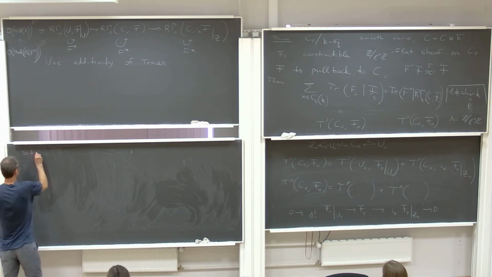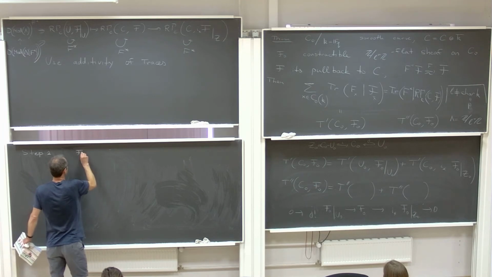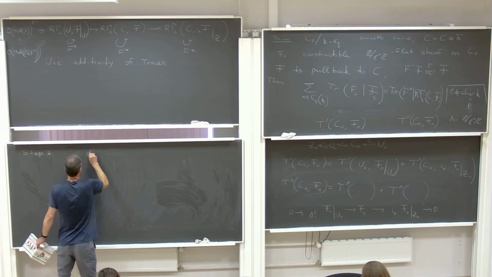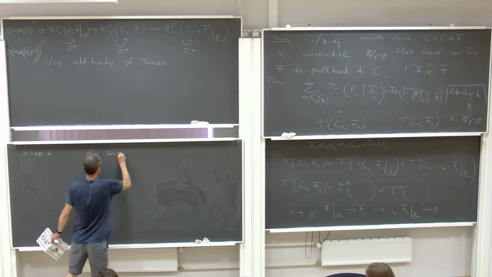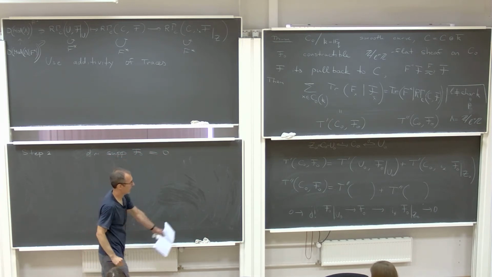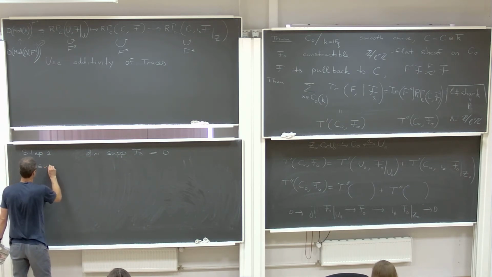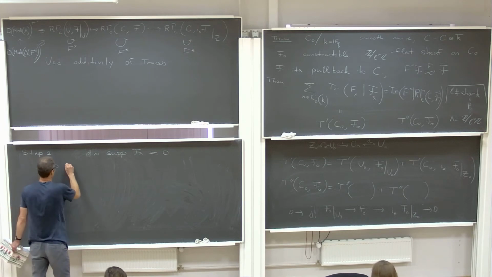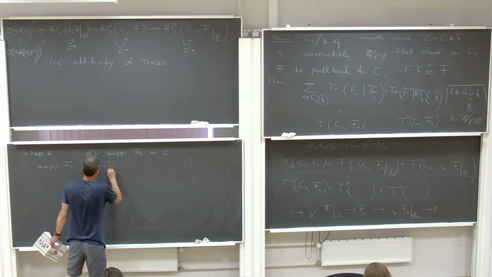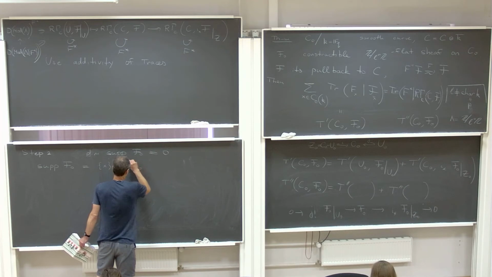So step 2. F0: the dimension of the support of F0 is 0, for example, that sheaf. So you may assume that actually the support is just one point. A point x in C0. It's a closed point.